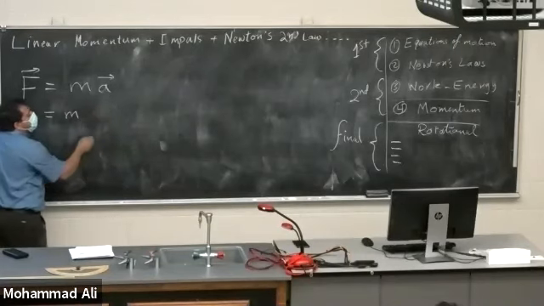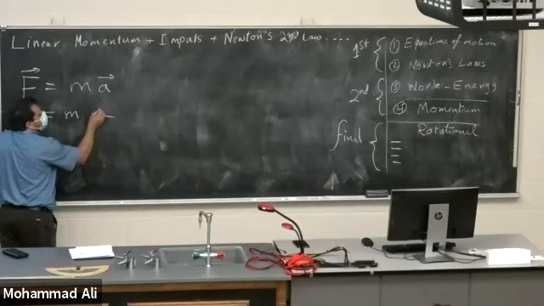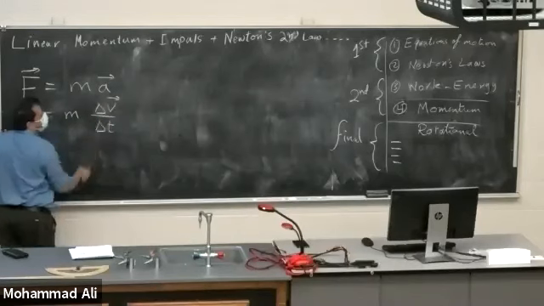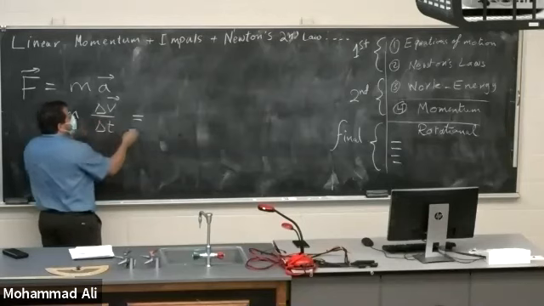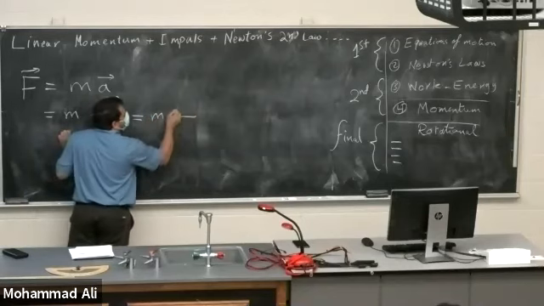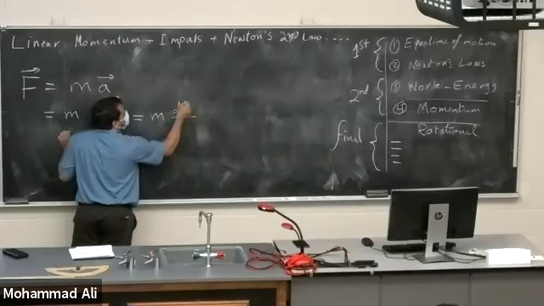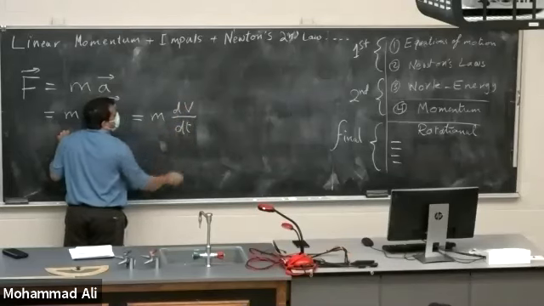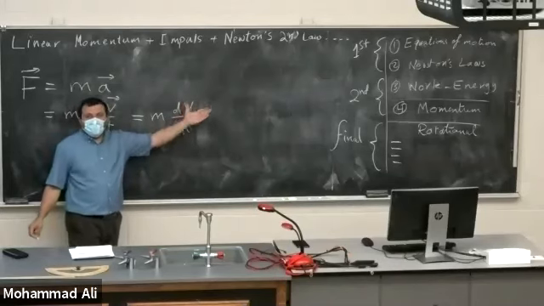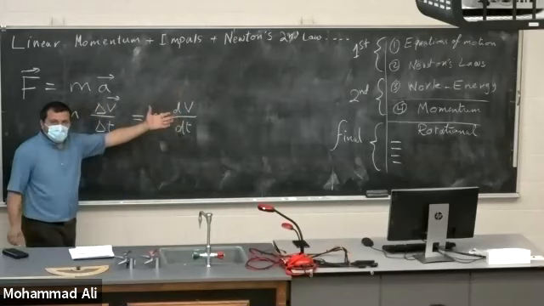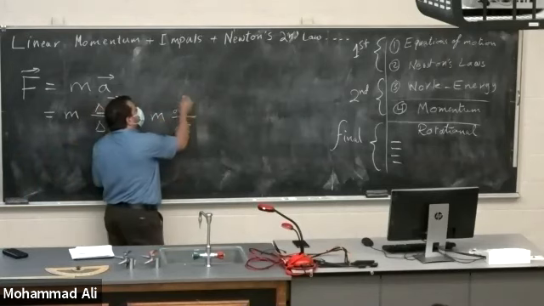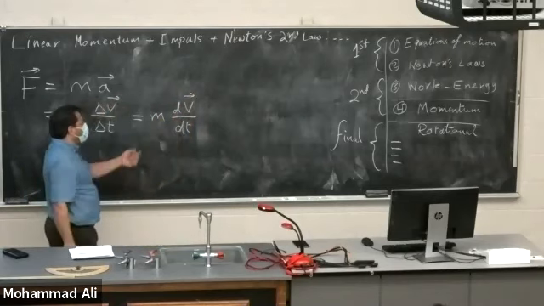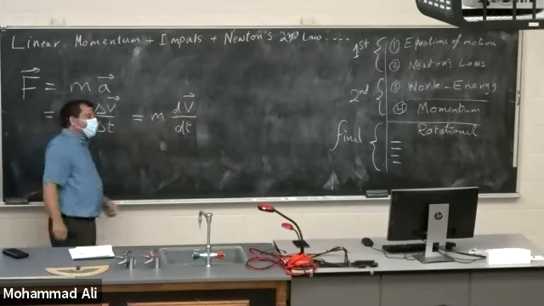The acceleration, we have the average acceleration, which is delta V over delta T. If we need to find the instantaneous acceleration, it will be m dv over dt, which is the first derivative in math. But we will not deal with it as a first derivative. It is just a small change in the velocity within a small change in time.